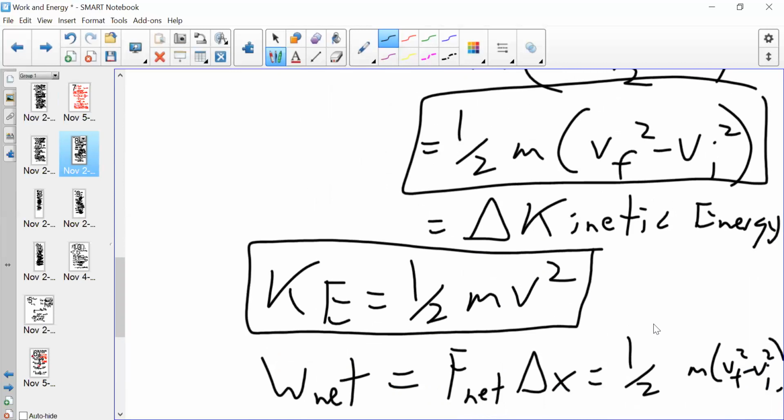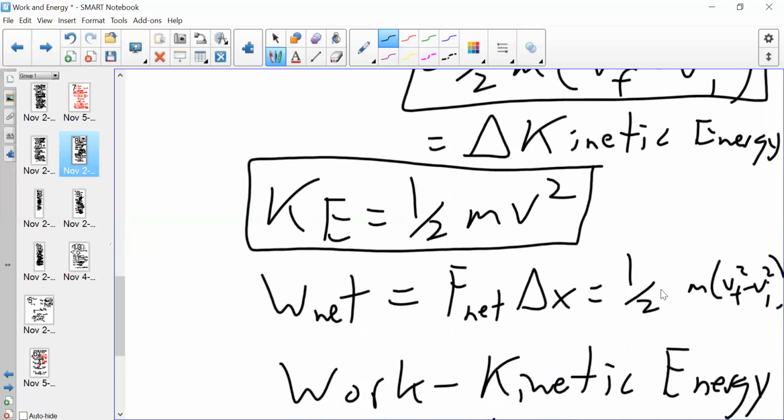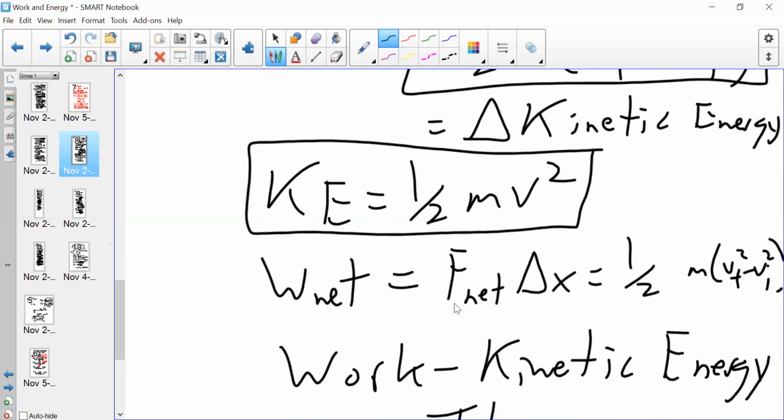If my object is moving at a constant velocity, and of course it has mass, I can calculate its kinetic energy. But if the velocities change, there's a difference in the velocity, I can get the change in the kinetic energy. So it stands to reason that net work, which is equal to F net delta x, is also equal to a change of kinetic energy.